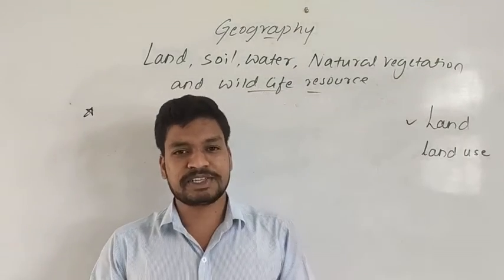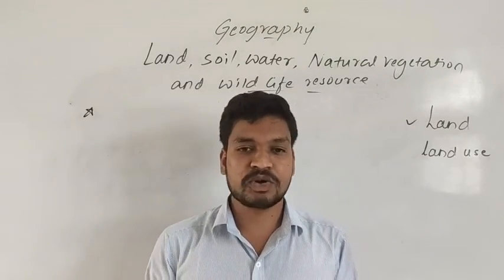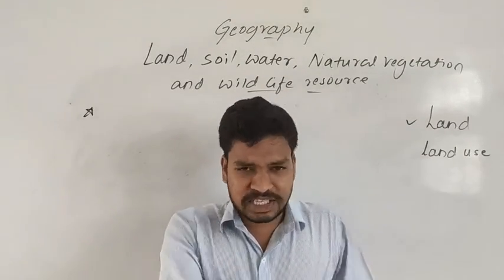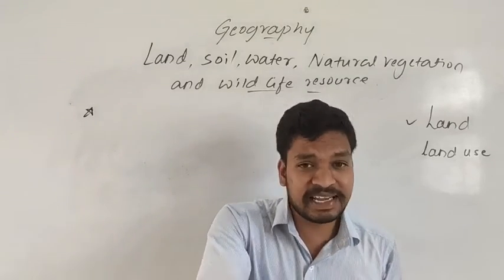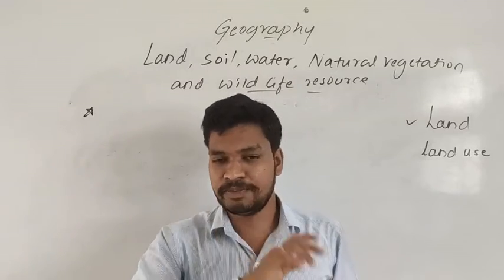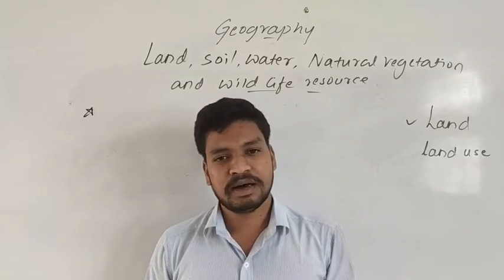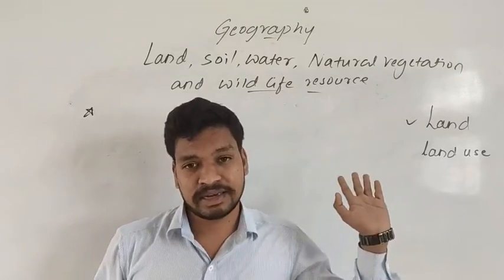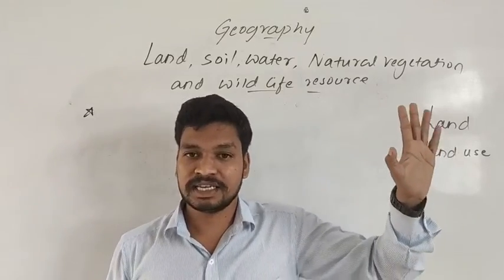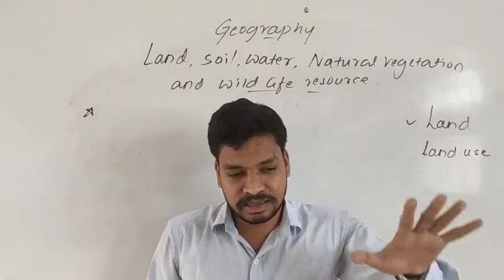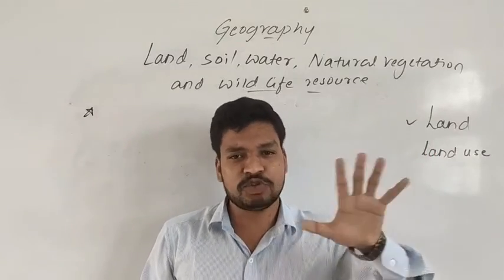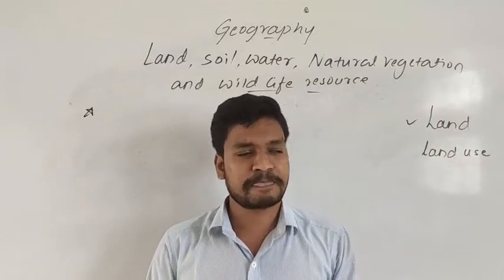So we have a classification of land resources based on ownership. On the earth's surface, 30% of land is not owned. Every land is owned by people, except some like Antarctica, Greenland, Russia, and some big deserts, such physiographic features on the earth's surface.